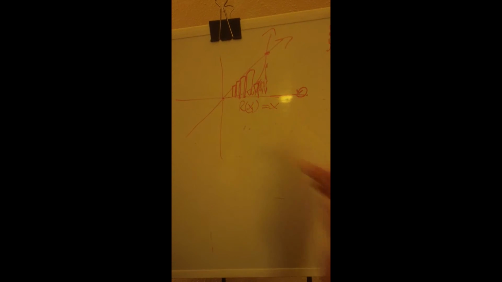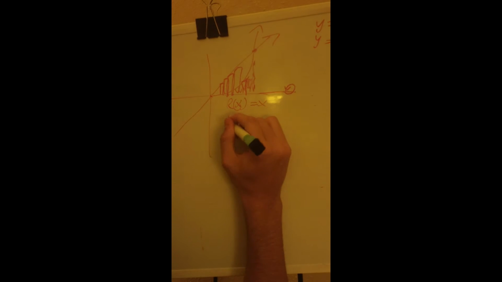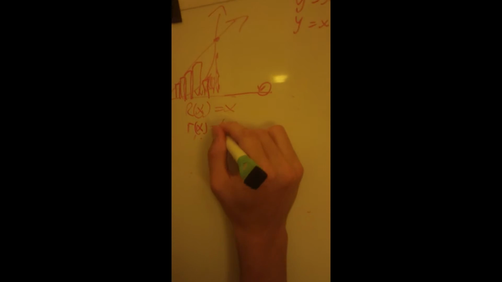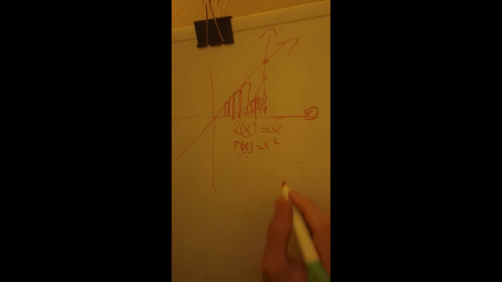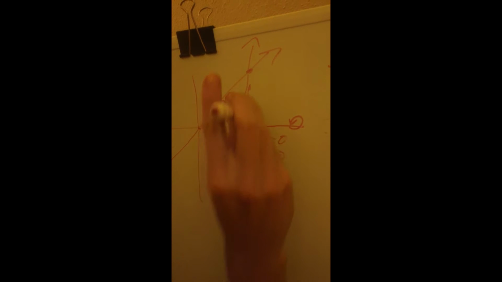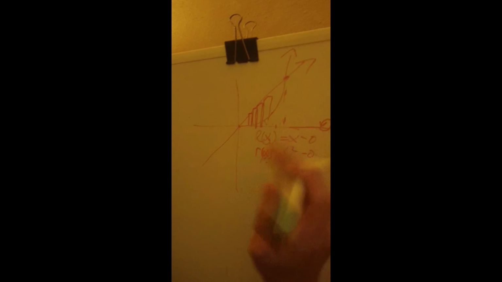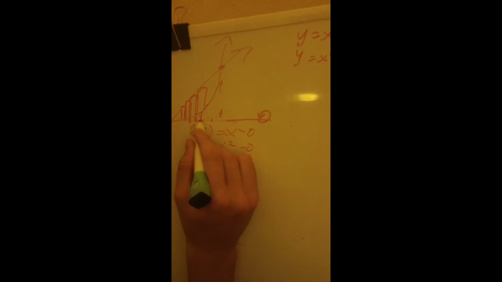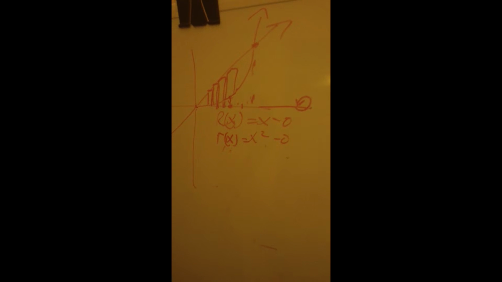This is going to be the smaller volume, the volume we need to subtract off. We're going to call that little r of x, and what this is going to be is just x squared, because this is the top function, x squared, minus the bottom function. And this is also x minus 0, because we are taking the top function minus the bottom function, and then we also have this top function minus this bottom function, and this is the area we're subtracting off.